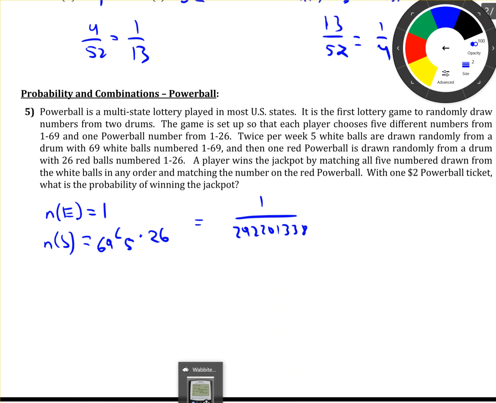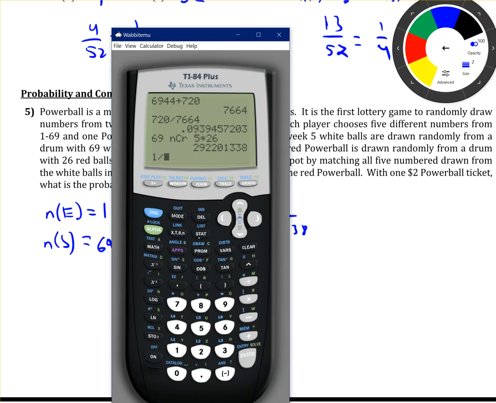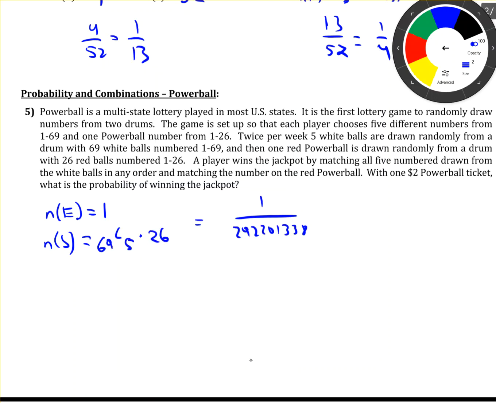And so that's a very, very small probability. 1 divided by the answer, we get 0.00000003. So we're talking a very, very small percentage.